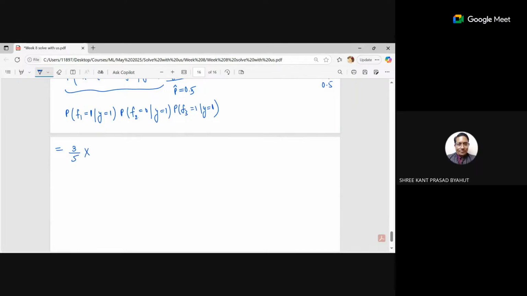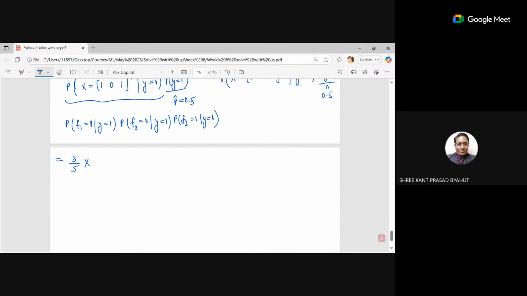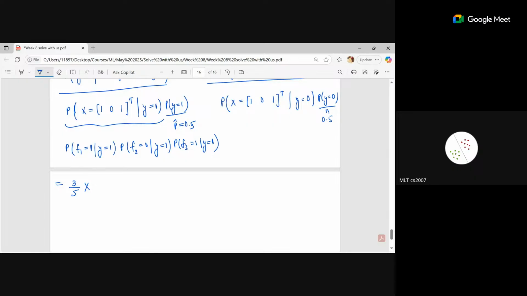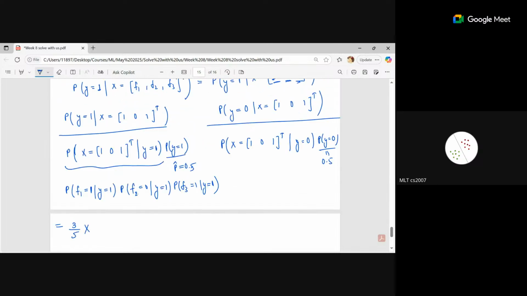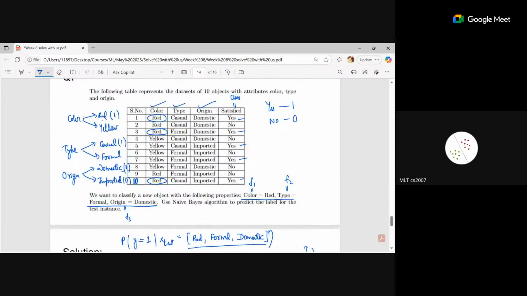F1 is 1 given Y is equal to 1, right? F1 is for color, and F1 equal to 1 means color is red. So I will look at all the rows for which satisfied is yes.